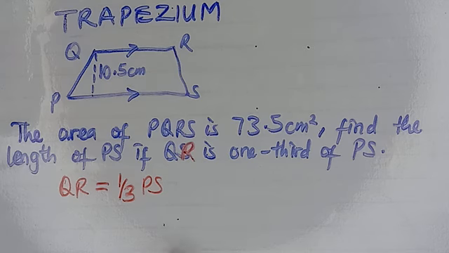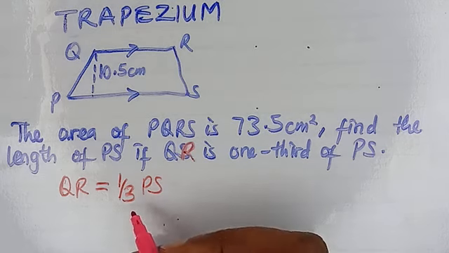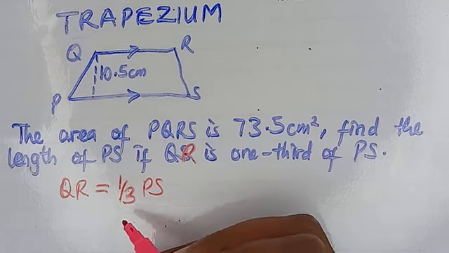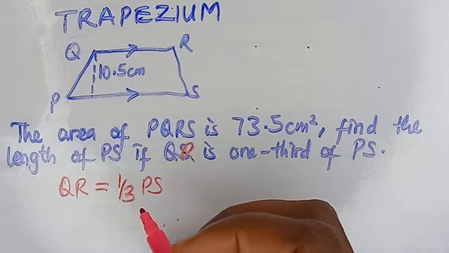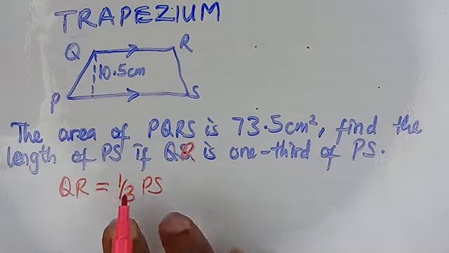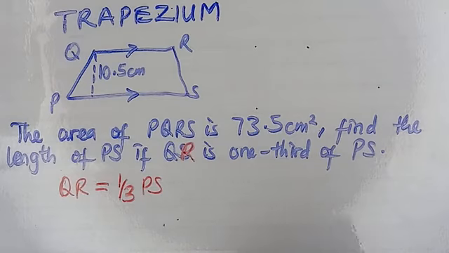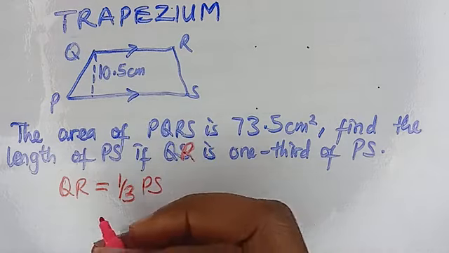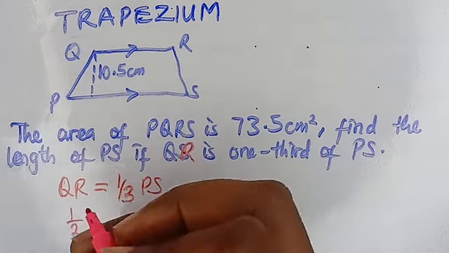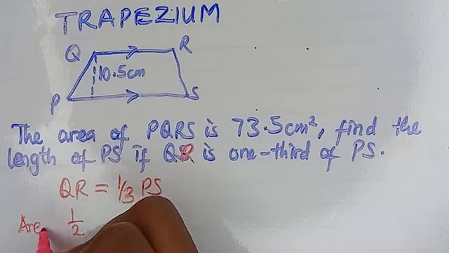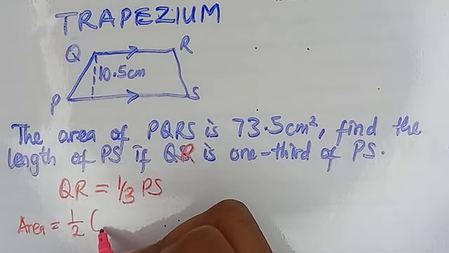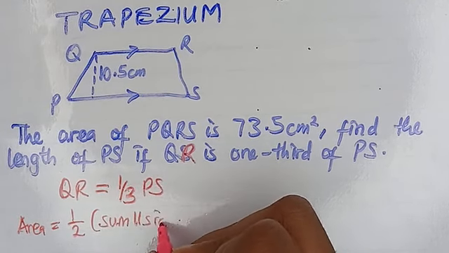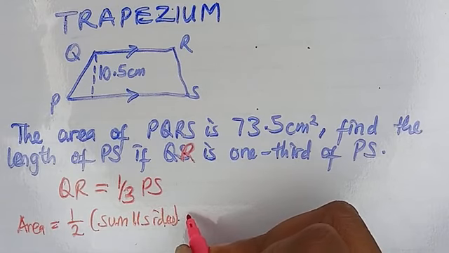And we've been asked to find PS. QR is already the subject of the formula here, right? Good. So we are going to go over to the formula for a trapezium, which is: area of trapezium is equal to half the sum of parallel sides times height.